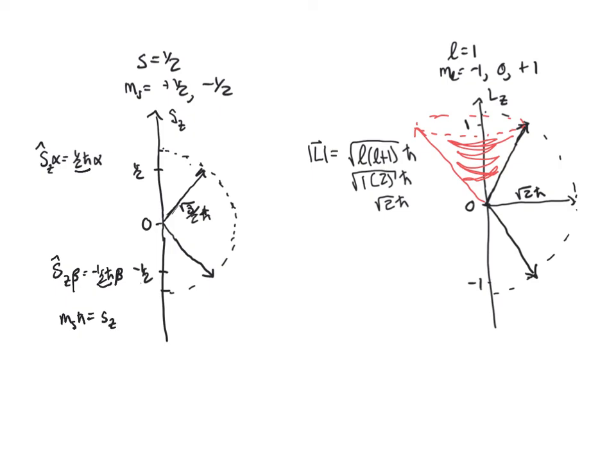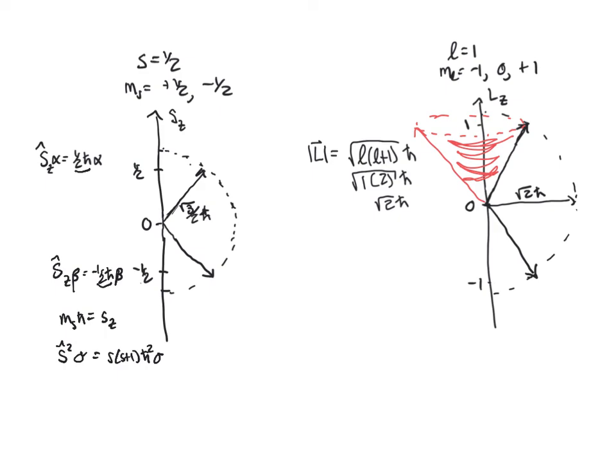And my length of my vector, remember that S squared on either one of these, alpha or beta, so we'll say sigma, is equal to s times s plus 1 times h bar squared times that wave function back again.